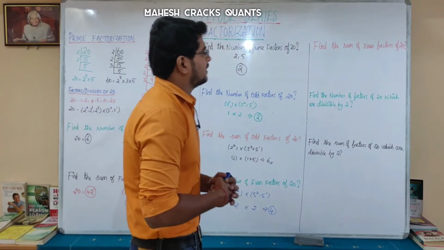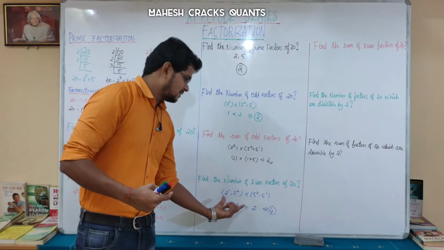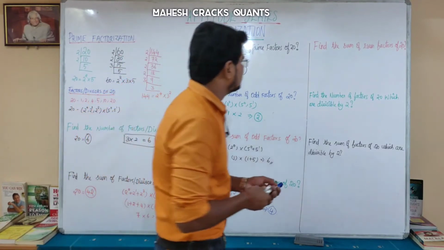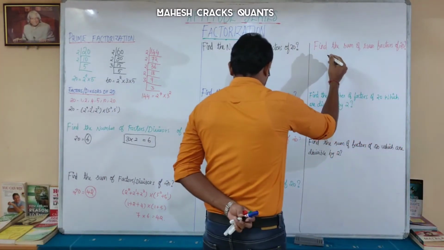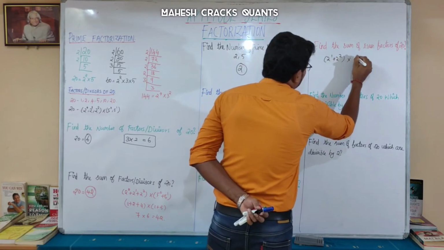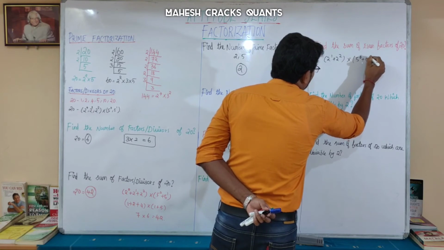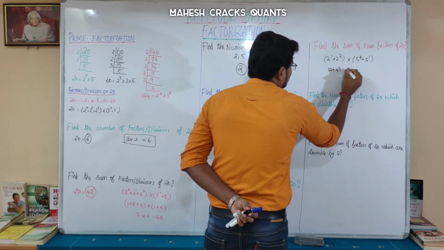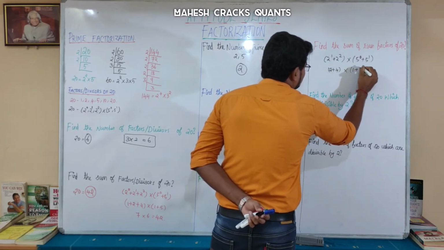Find the sum of even factors of 20. This is the number of even factors. Just sum it, you will get the answer. So what is the sum here? 2 power 1 plus 2 power 2 into 5 power 0 plus 5 power 1. 2 power 1 is 2, 2 power 2 is 4, into 5 power 0 is 1, 5 power 1 is 5.